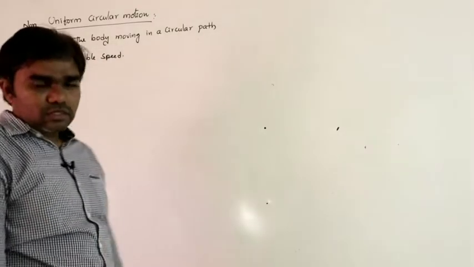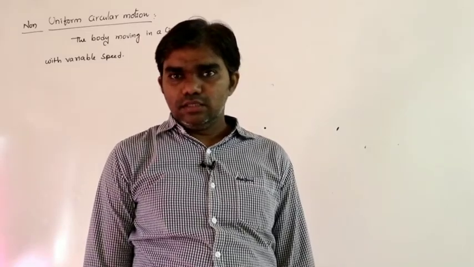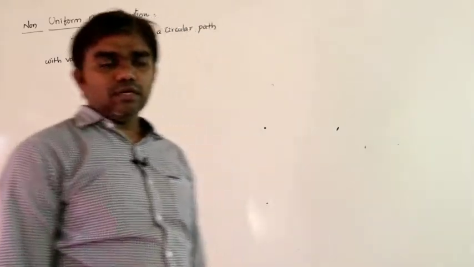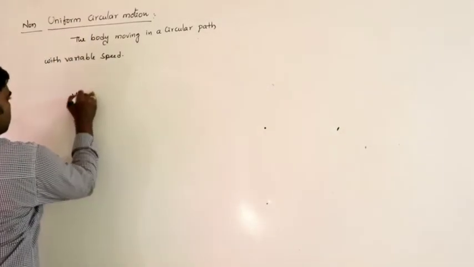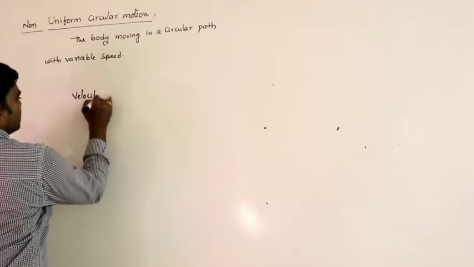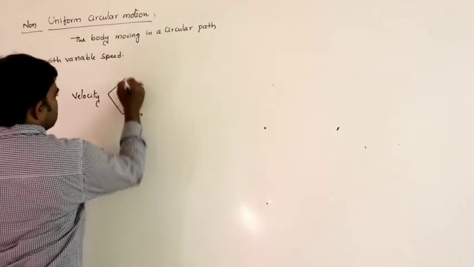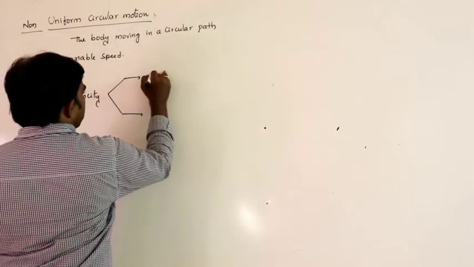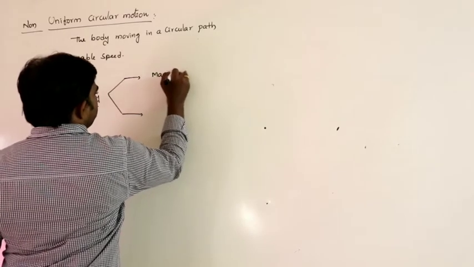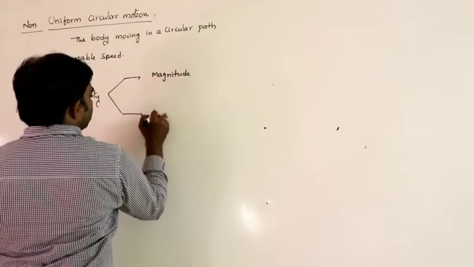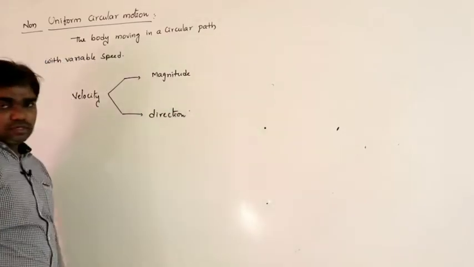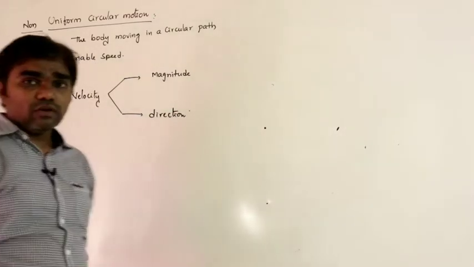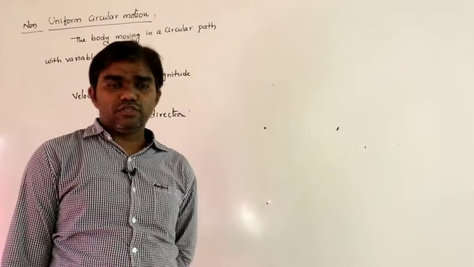Velocity is a vector quantity, so it must have both magnitude and direction.